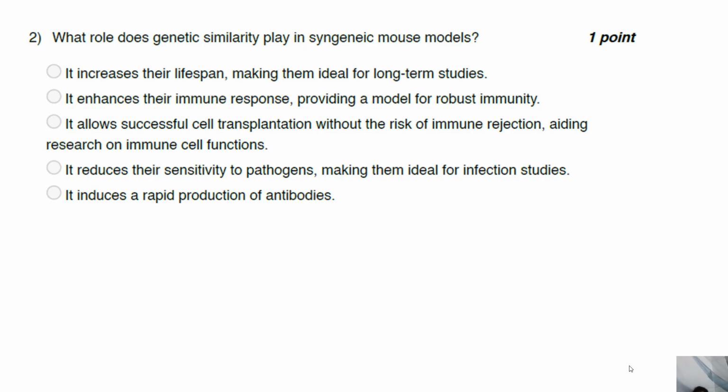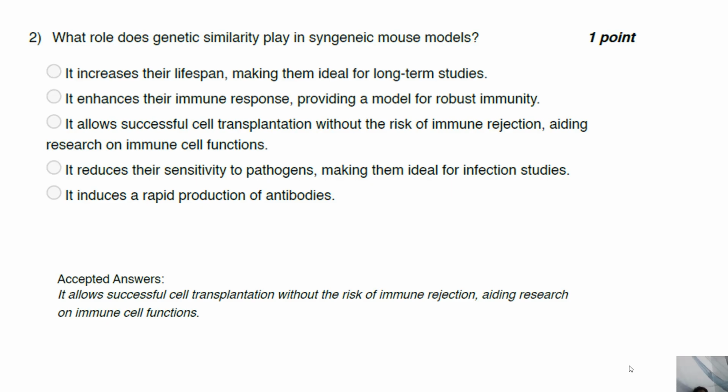Okay, so the correct answer will be option C. It allows successful cell transplantation without the risk of immune rejection, aiding research on immune cell functions. Syngeneic mouse models are genetically identical or nearly identical, and they're typically inbred strains.